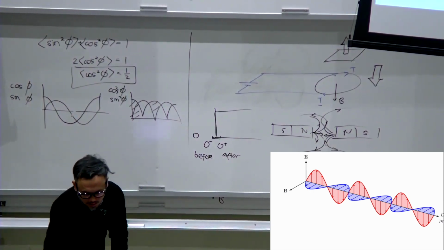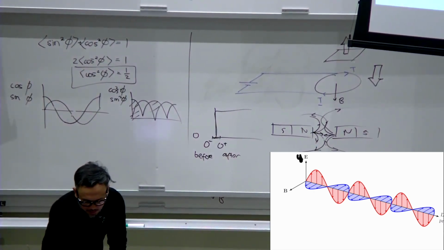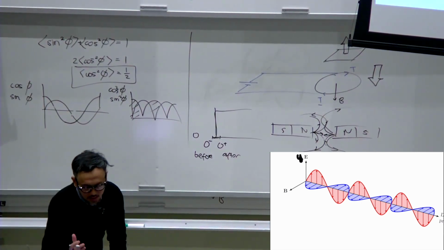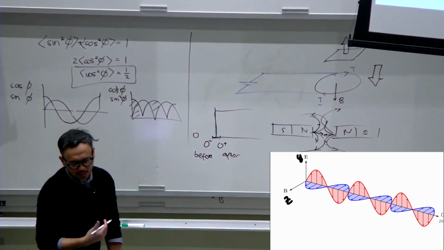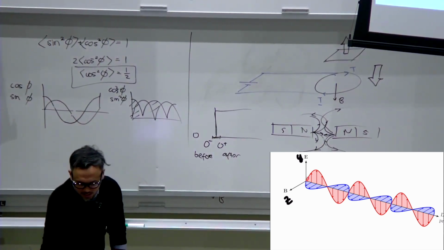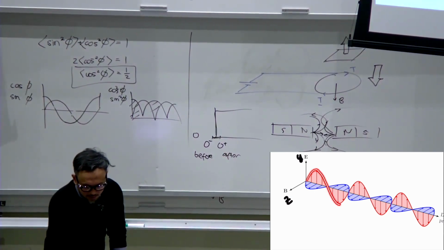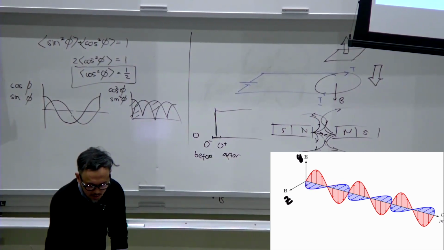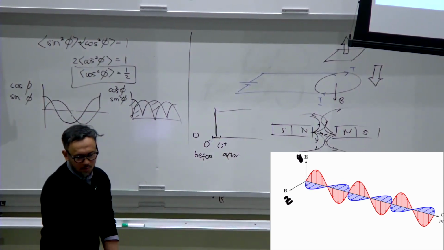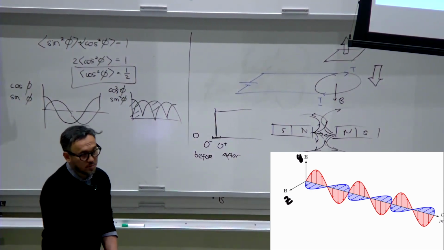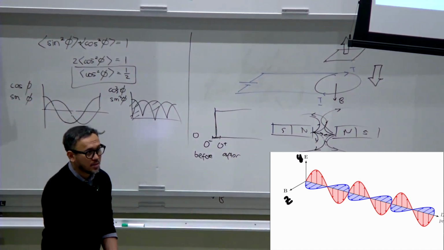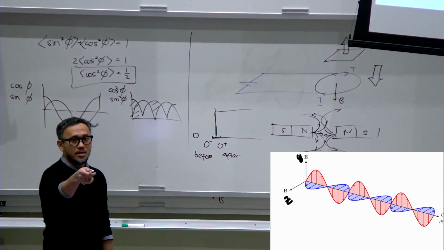It could be, like here maybe this one is the y-axis, this one is b, this is actually the z-axis, and I can ask you, let's say the electric field is polarized along the y-axis and the magnetic field is polarized along the plus z-axis. Where is the direction of the propagation? Something like that.